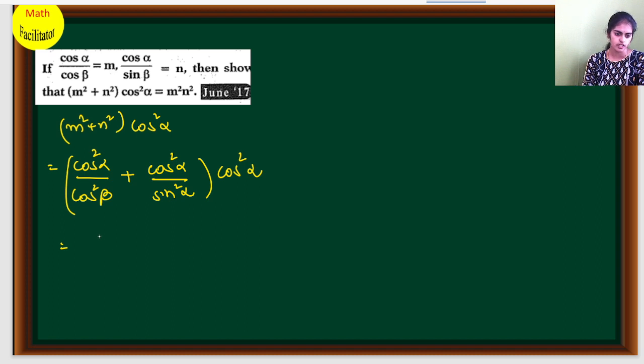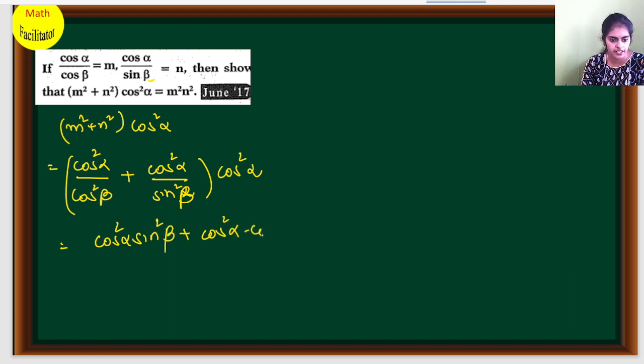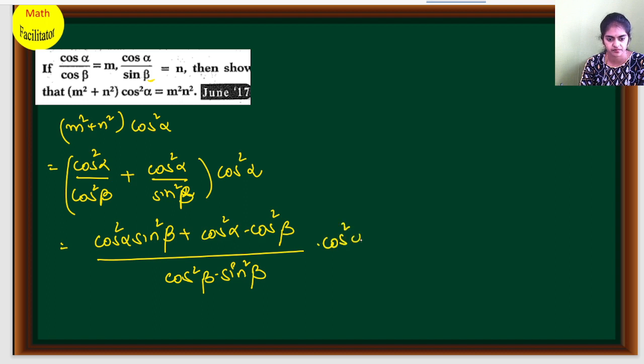Now let's take LCM. So you will have cos square alpha sin square beta plus cos square alpha cos square beta, whole divided by cos square beta into sin square beta into cos square alpha.